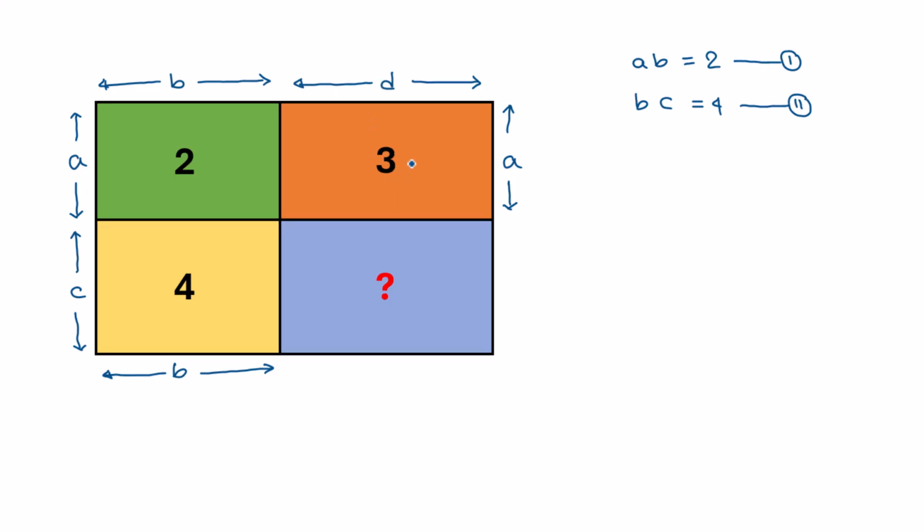So the area of this rectangle will be A times D, which is given as 3. So we can write from here A times D is equal to 3 unit. Consider this as equation number 3.